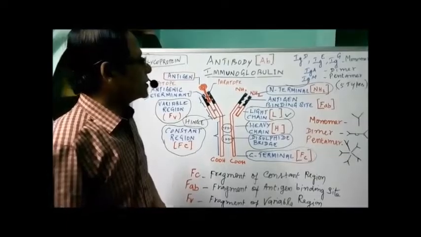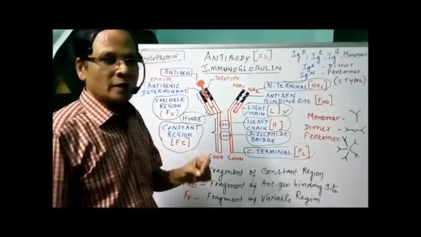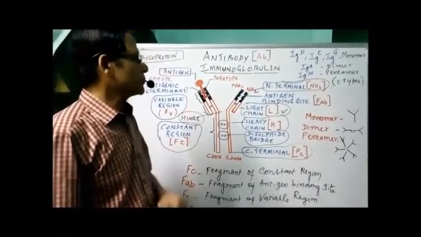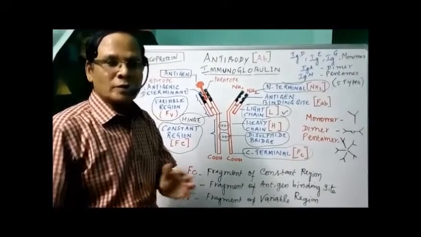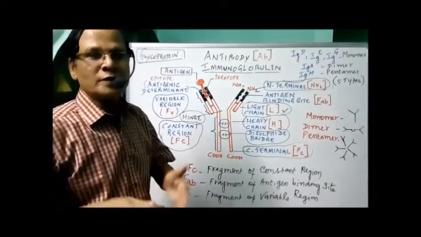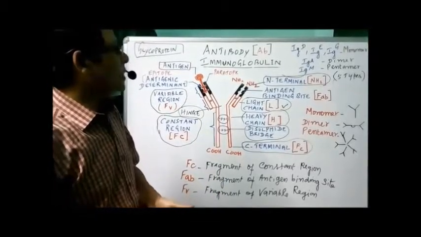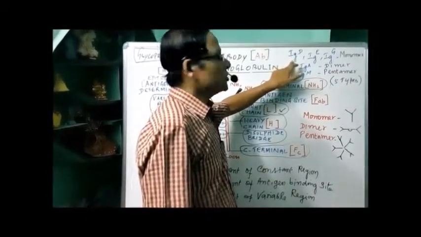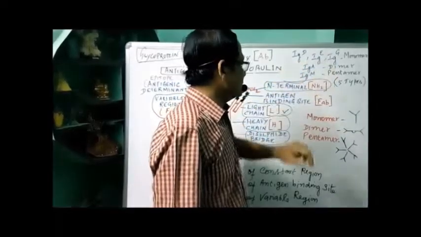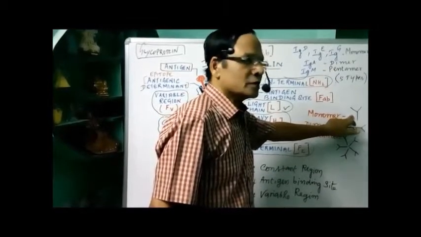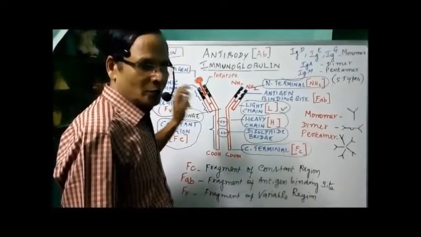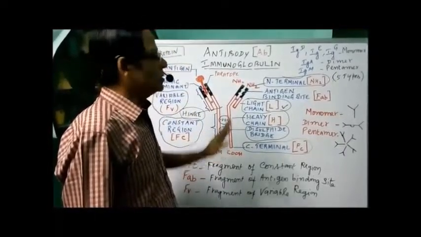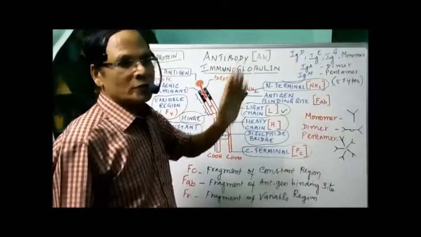These are the 5 different types: immunoglobulin A, D, E, M and G. Now, these 5 types of immunoglobulins are biochemically and physiologically different, even in structure. Now, IgD, IgE, IgG are monomers. What they represent is nothing but a single molecule. So D, E, G are monomers.